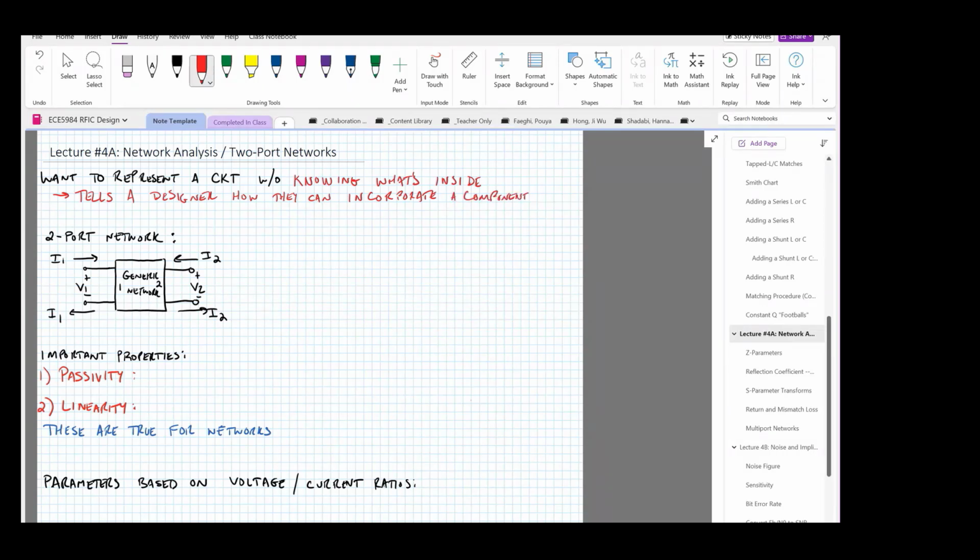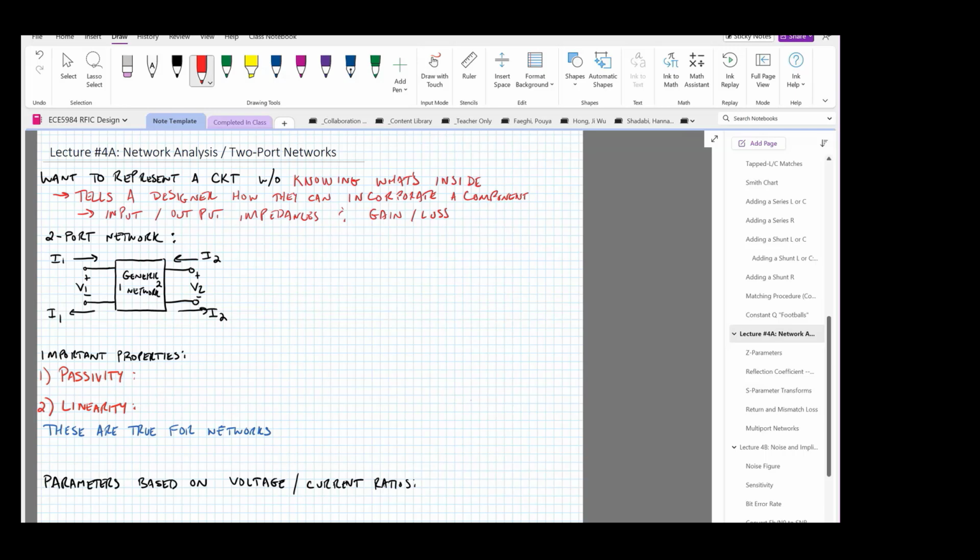For instance, it might tell them what the input and output impedances are, and whether the circuit has some gain or loss. They don't need to know anything else about the circuit beyond that in order to incorporate it in whatever they're doing.